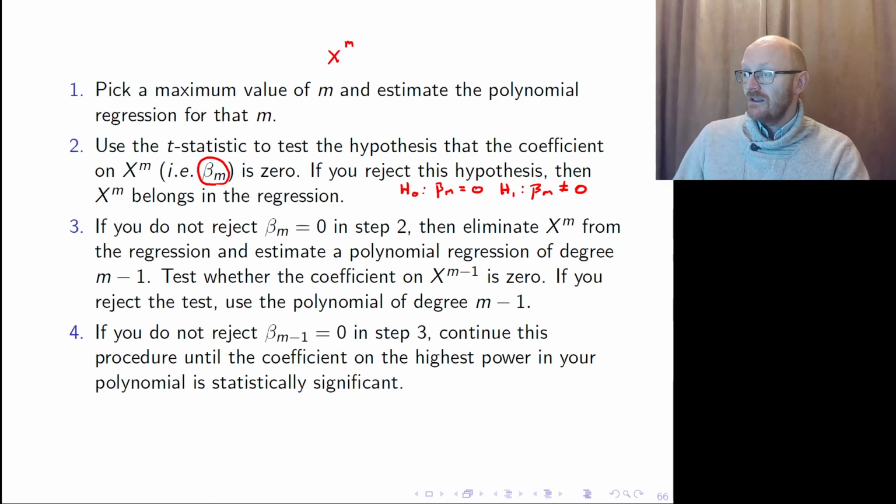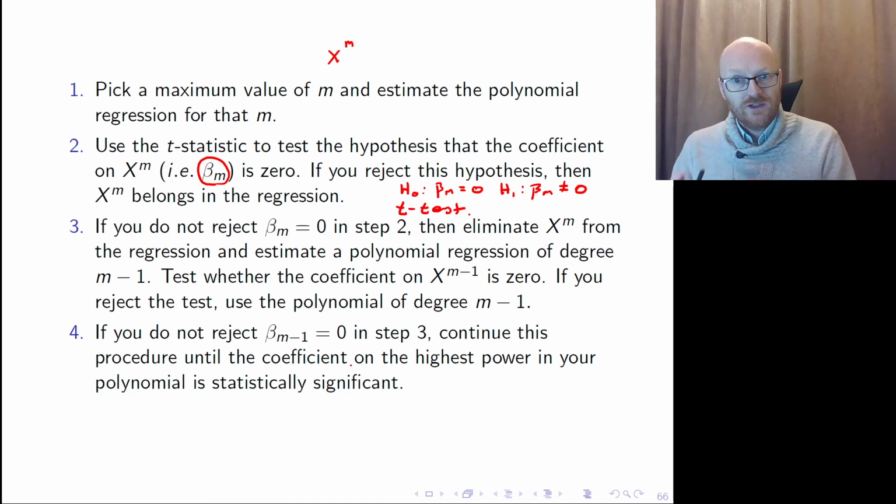And you just perform the same tests on this coefficient, the beta m minus 1, right? So the test you perform is the t-test. So you just use the critical t-value and check versus the t-stat. Okay.